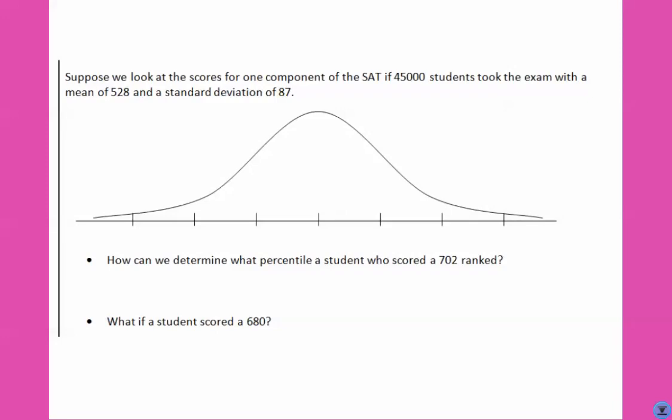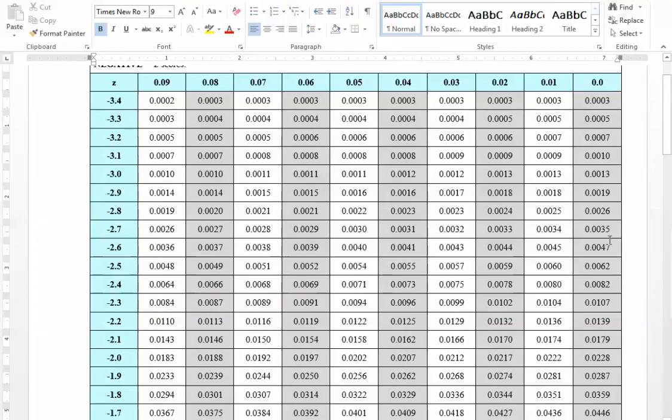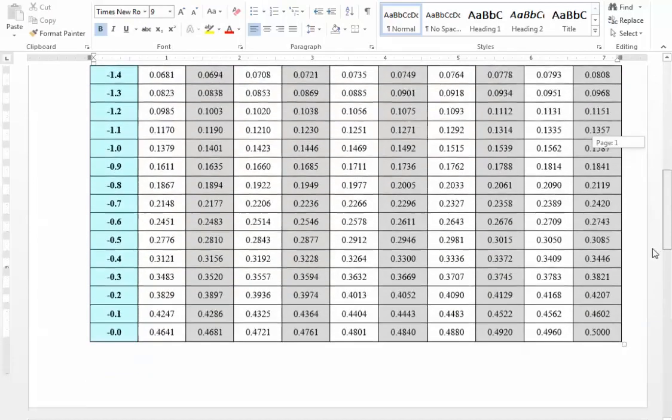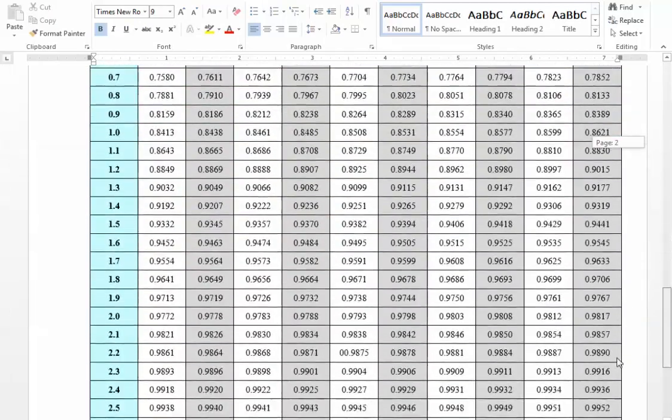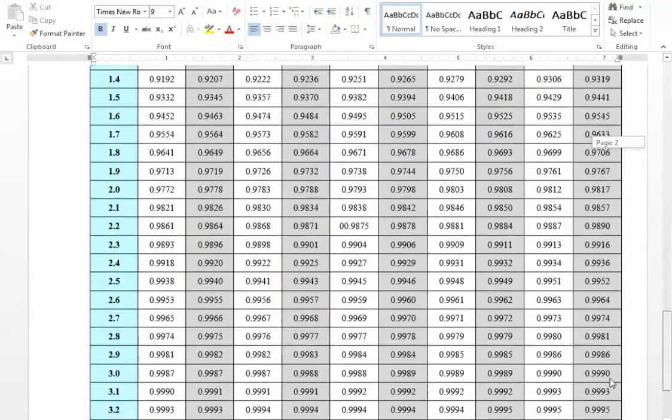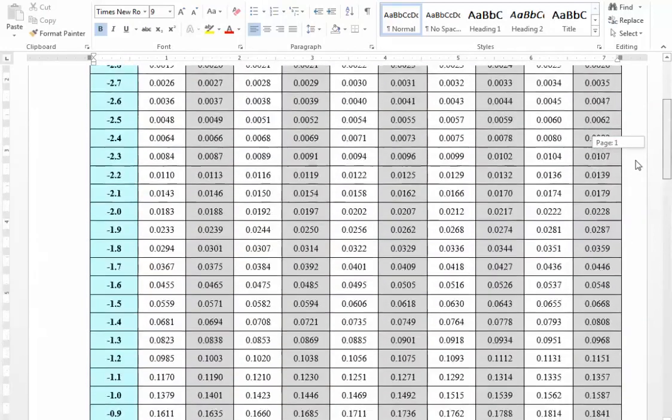A percentile is the percent below, which is actually what that crazy chart, this thing that I gave you guys, shows us: all the percents below a certain point. And we will get into reading this shortly.